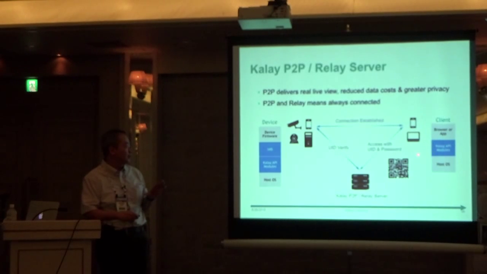They are also behind some router. So with each device assigned a unique ID, and with our framework, we can get the exact location of the device, and then set up the P2P connection directly. So this is a very important component of our platform.